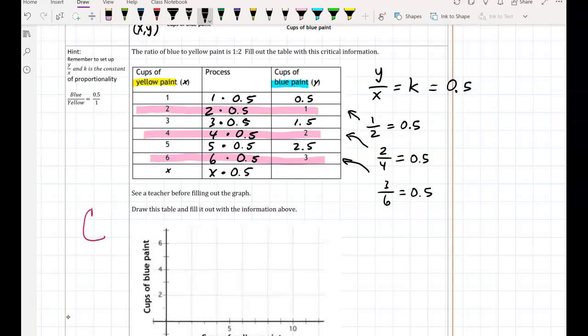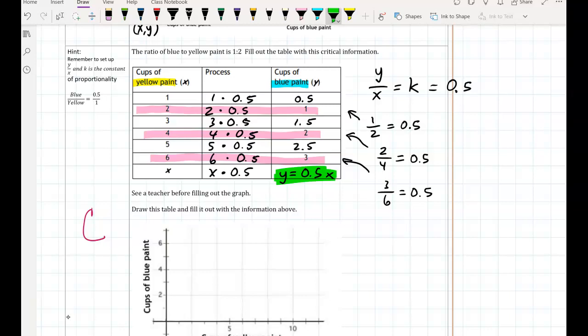And what will that give us? That's going to give us 0.5x. So the value of y equals 0.5 times x. 0.5x. And that, my friends, is our algebraic rule for this particular combination of paint.